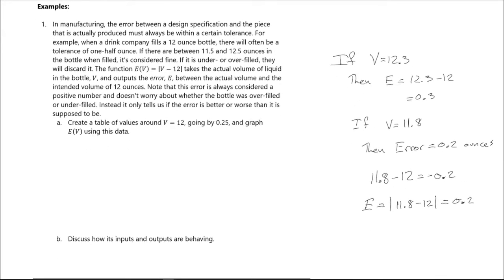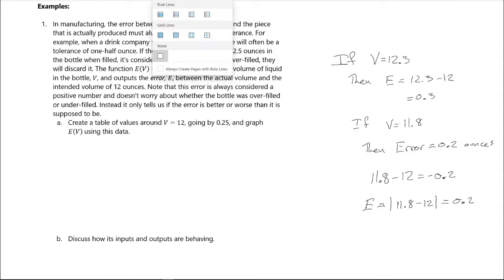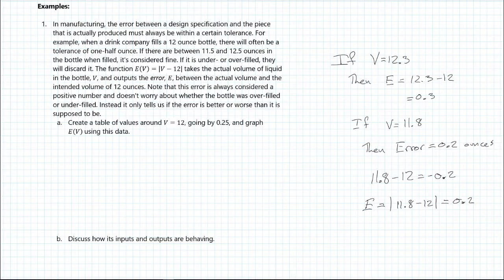So we're going to do a couple of things with this as we wrap our heads around what an absolute value function is and how and when we use them. We're going to create a table of values around V equals 12, going by 0.25, and then we're going to graph E of V using this data. I'm realizing I need some rule lines on my screen today. So I'm going to make a table here.